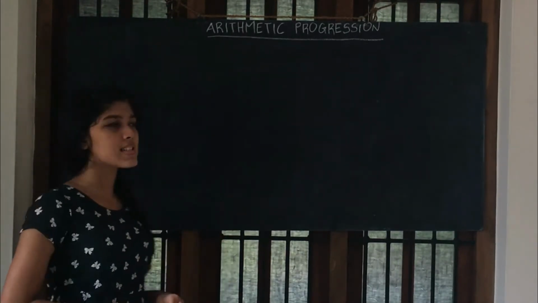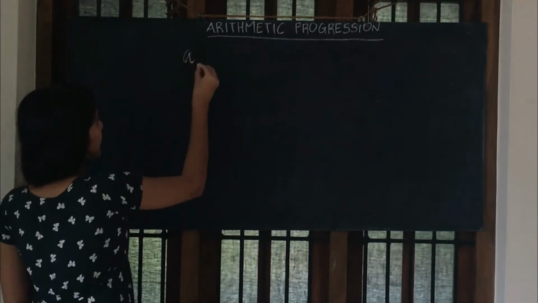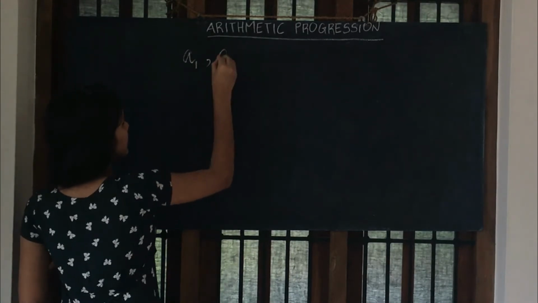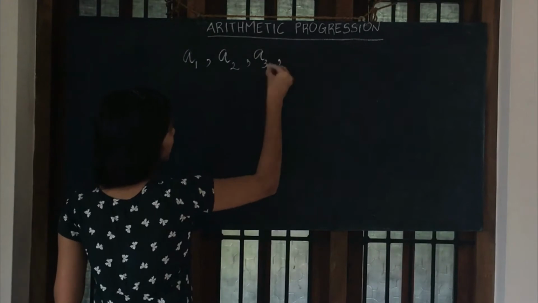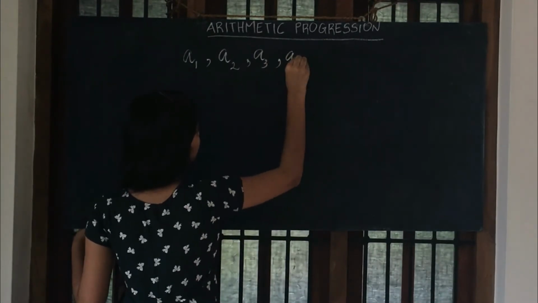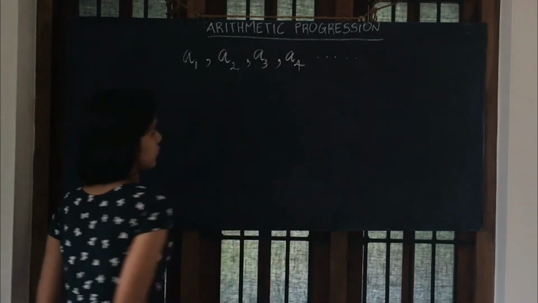Now let's again consider an arithmetic progression with first term A1, second term A2, third term A3, fourth term A4, and so on.